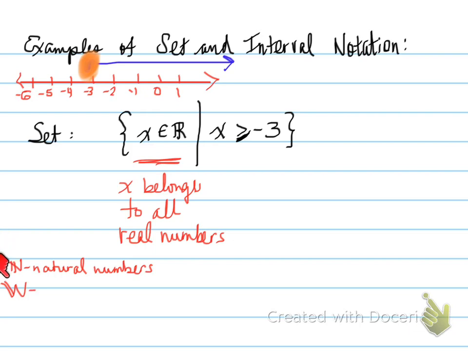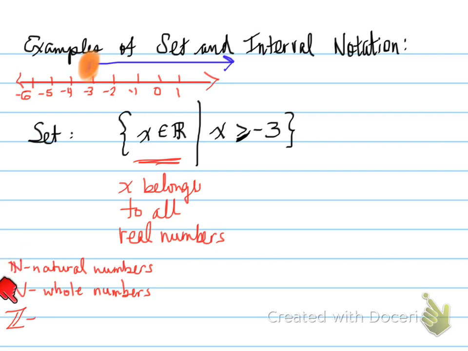W represents the world of whole numbers. That is, it begins with a 0. 0, 1, 2, 3, 4, 5. Natural numbers 1, 2, 3, 4, 5, and so on. Whole numbers 0, 1, 2, 3, 4, 5. And then we go on to integers.